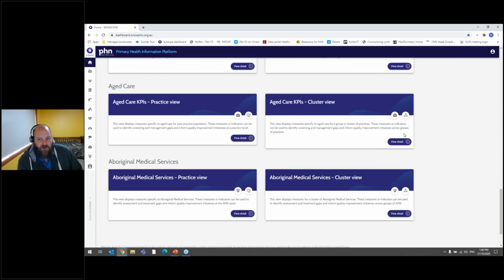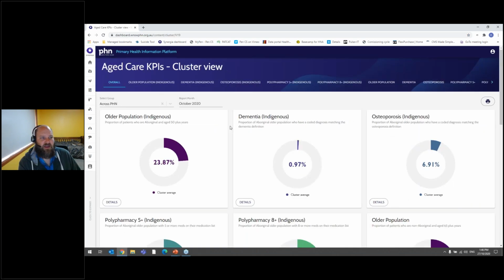So a completely new module that has come about with the phase 2 is the aged care module. And we did consult with our aged care team within the PHN and also our GP advisor and our PSOs around this. And so what you'll notice here is that this is a bit different where we have broken the data by Aboriginality because they are very different groups.